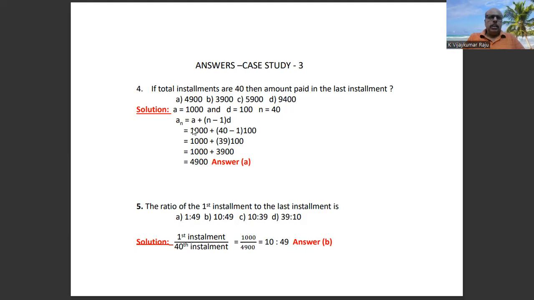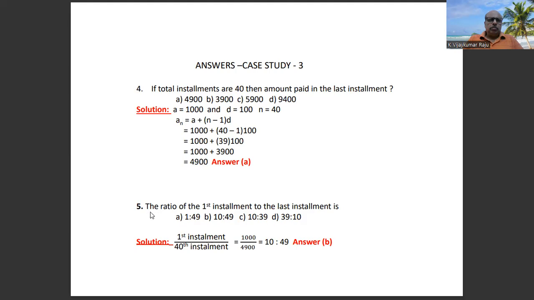The AN is equal to A1 plus N minus 1 D. 1,000 plus 40 minus 1 into 100. We get 1,000 plus 3,900. So 4,900. So on the 40th month, that is the last month of his installment, he has to pay 4,900. That is the first option, A option. So 4,900 is the amount he pays on the 40th installment.